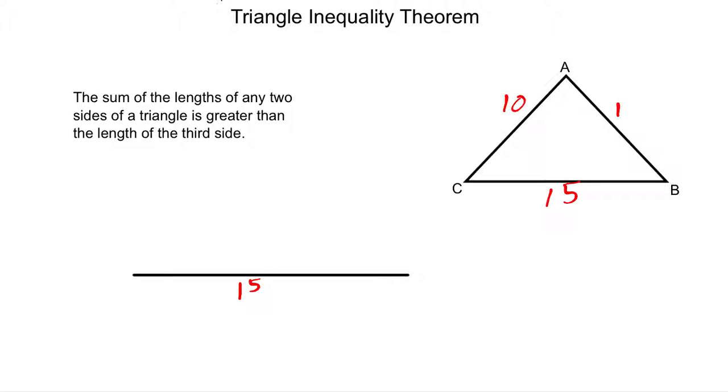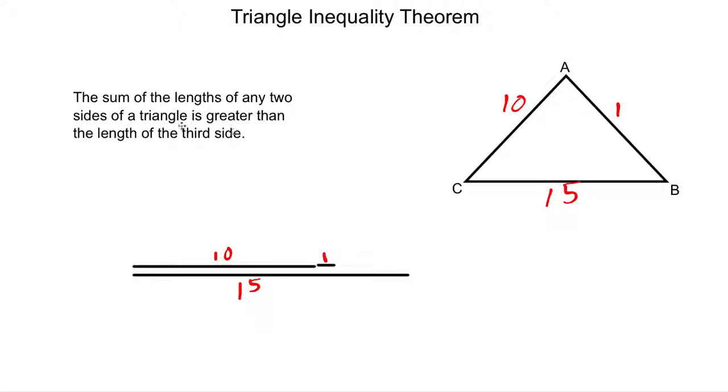Now, if I have side CA to be 10, and I have this little portion there that's 1, that's AB, notice that's 11. There's no way that even if these were stretched out, that they could reach the endpoint here.